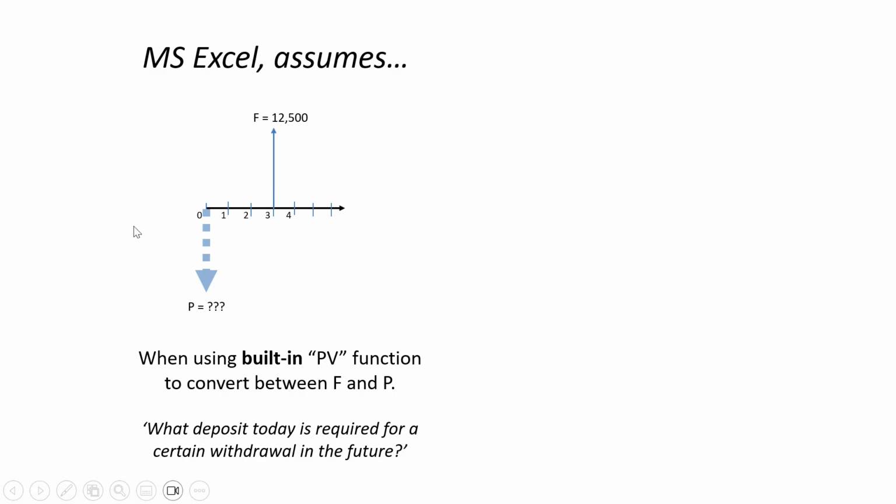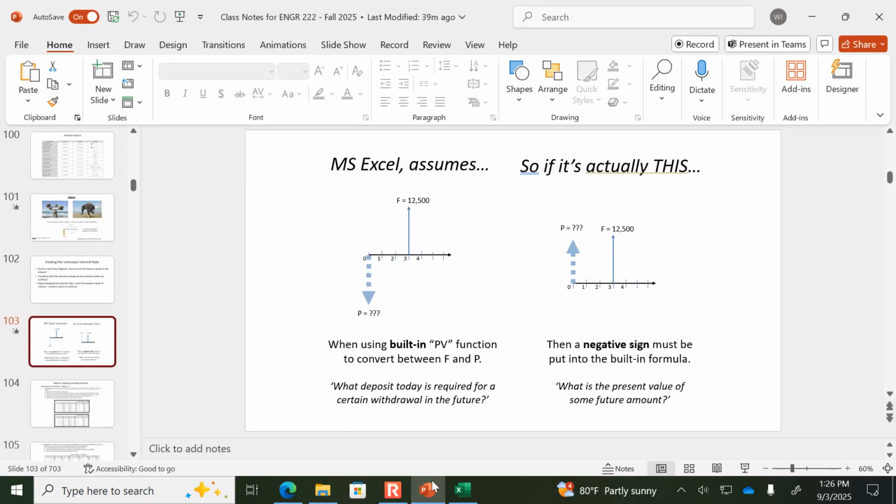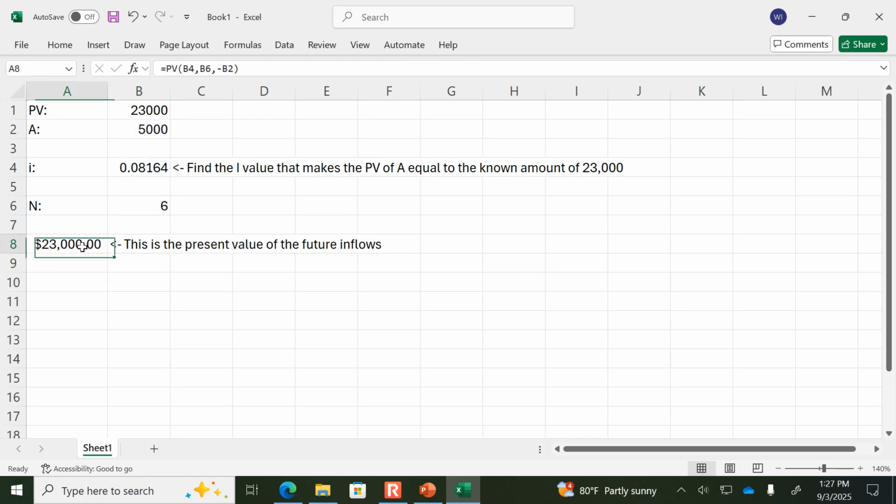But more often than that, what we're going to want to do is retain the sign of our inflow or outflow. So you're wanting to find out the present value of some future amount, but you don't necessarily want it to change the magnitude like it automatically does. To overcome that, what we will do when we're using these functions most of the time is put the negative value in the function. So I'll just say minus of the amount that's going in, and then it'll retain the same sign as what went in.